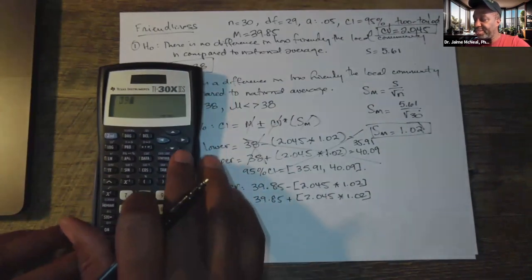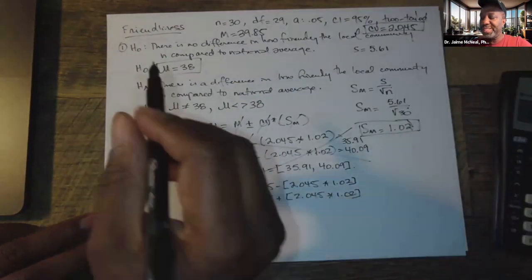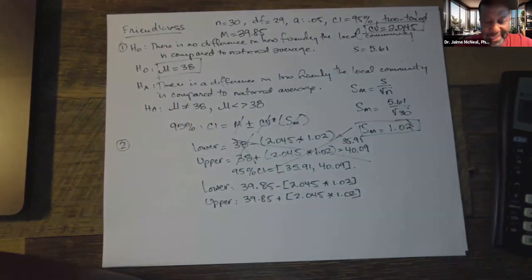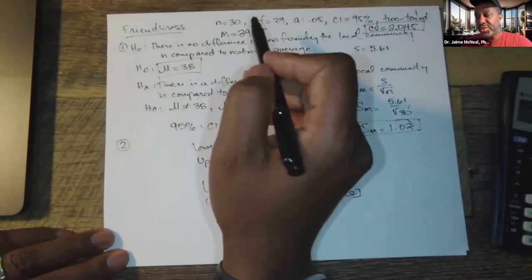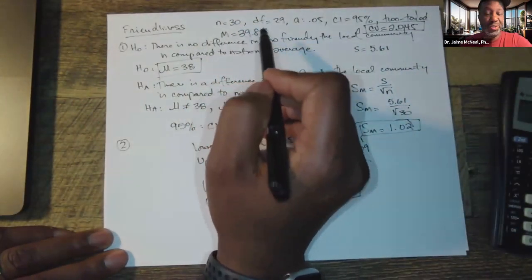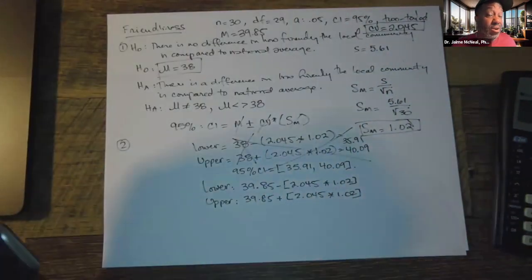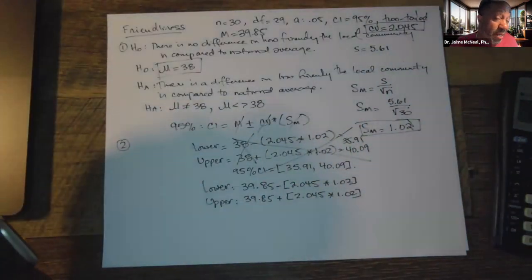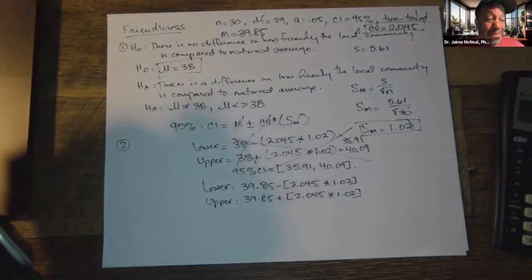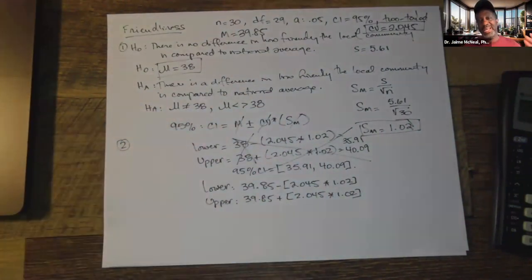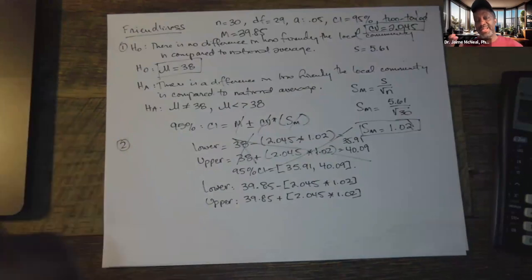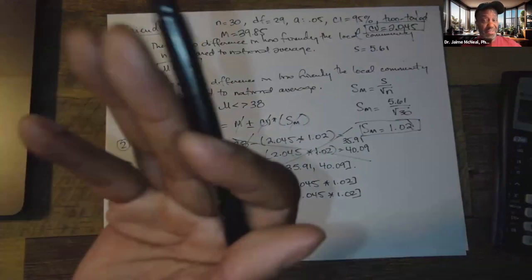Well, first let's talk about this. We're testing it against 38, and when we surveyed 30 people, the average was 39.85, which means it is higher than 38, but only slightly. So can we say definitely that it's higher or that it's different than 38?